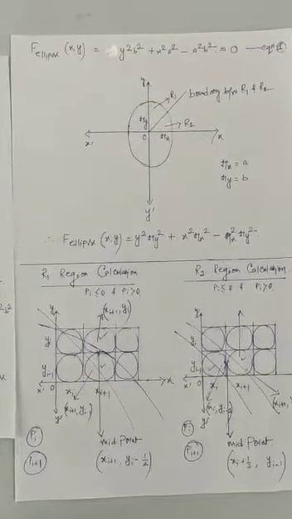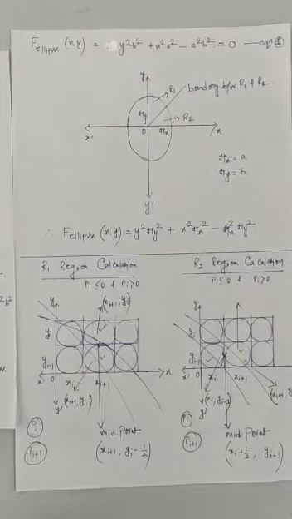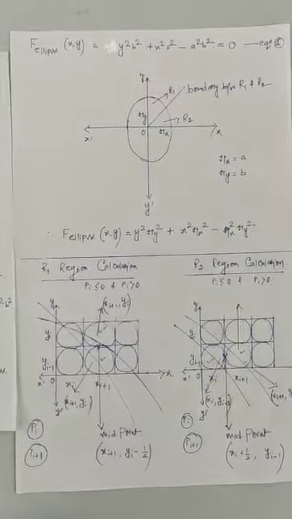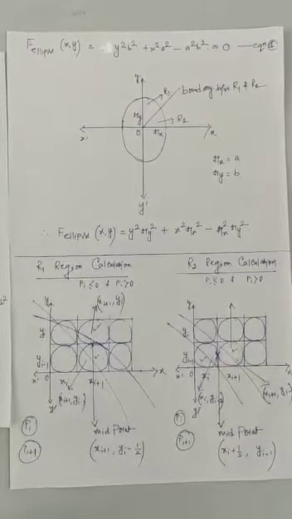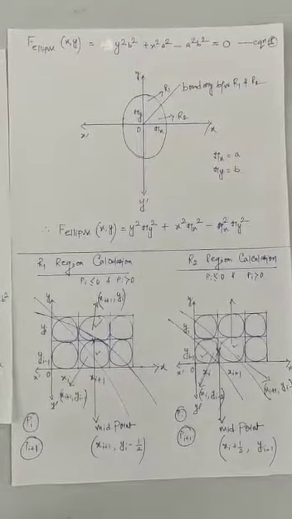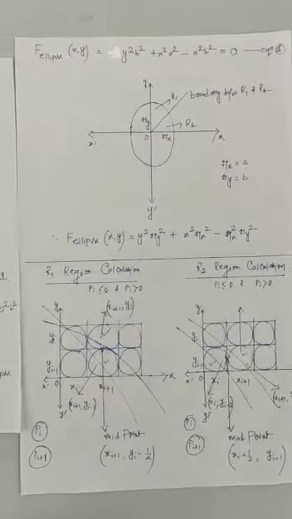Now the corresponding x-axis value is Rx and the y-axis value is Ry. So here we can write half the distance of the major axis, that means a equal to Rx, and half the distance of the minor axis, that means b equal to Ry.